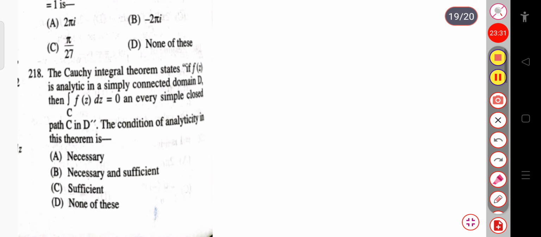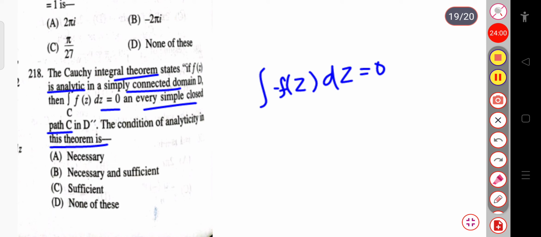The question is given: the Cauchy's integral theorem states that if f of z is analytic in a simply connected domain D, then the integration of f of z dz equals 0 on every simple closed path C in D. Now it is asking about the condition of analyticity in this theorem.